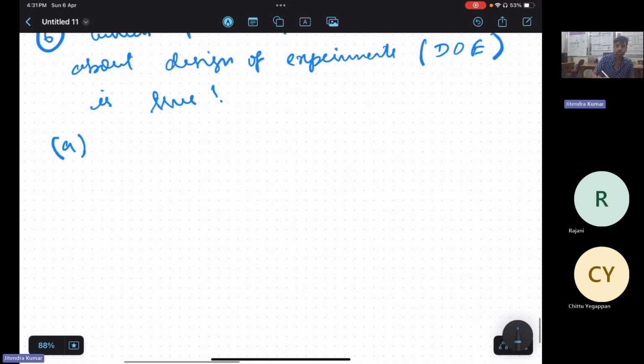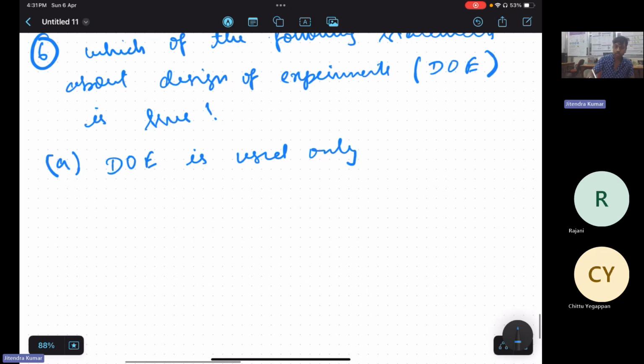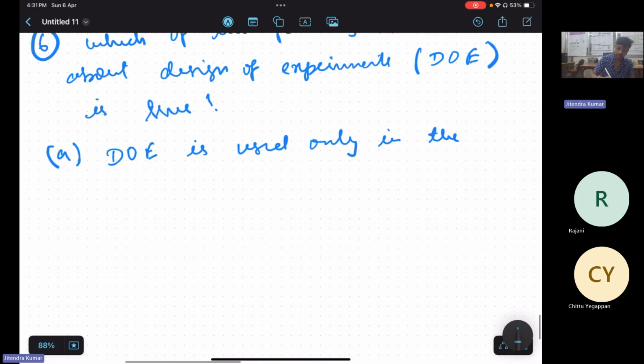Option A is DOE is used only in the initial stages of product development.